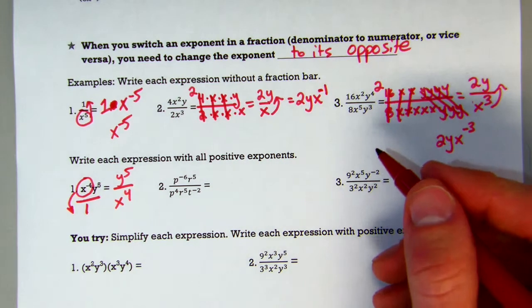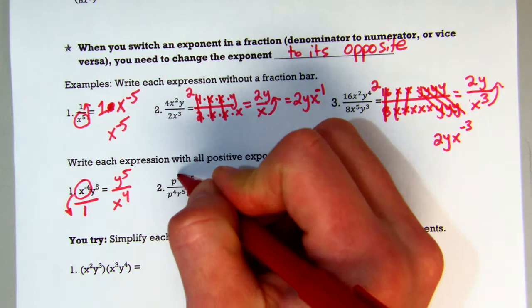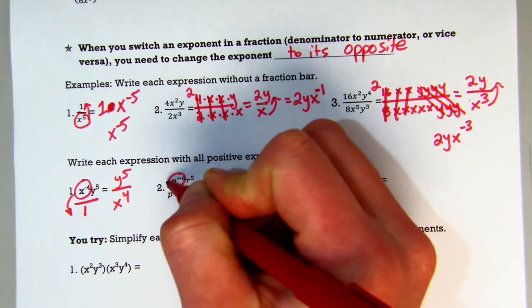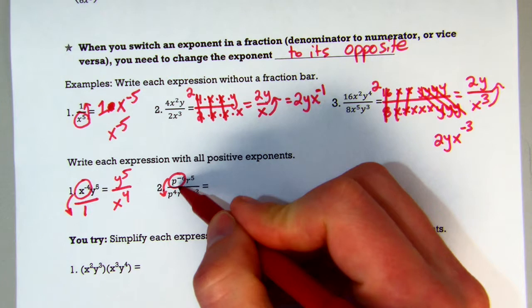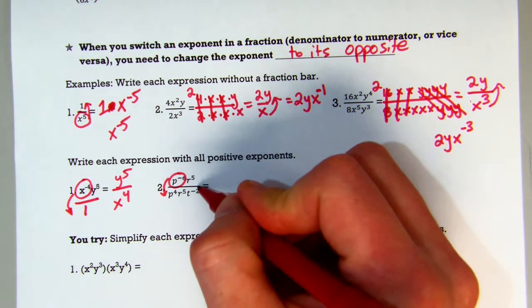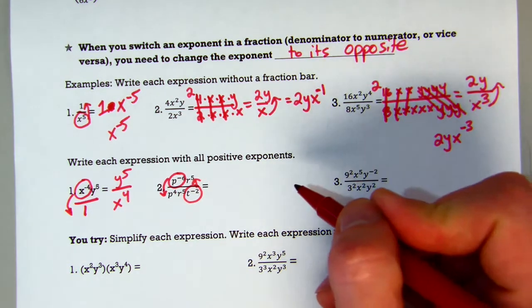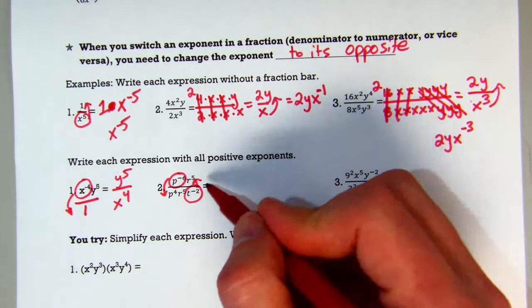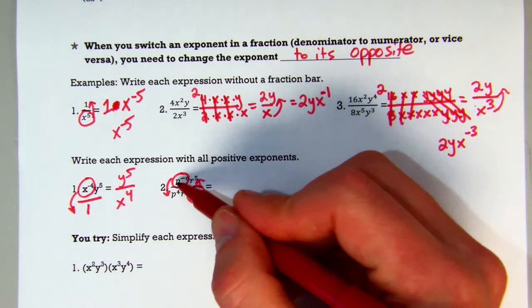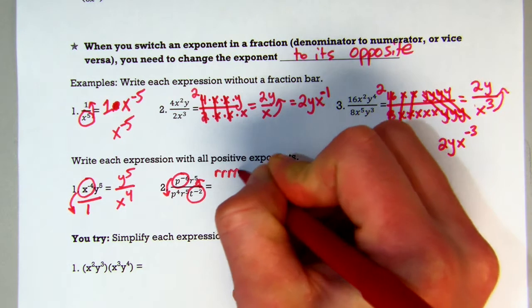So this over x to the 4th power. And do now the same thing. I'm going to move it down there, and then have to move the other up to turn it to positive.